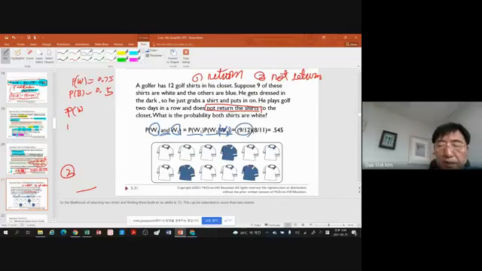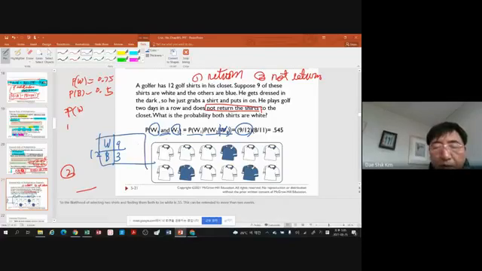This is correct. 9 and 3, total 12, white and blue. If you choose white on the first day and do not return it, the white count will reduce to 8. 8 and 3, so the total is 11. Out of 11, a shirt will be white.